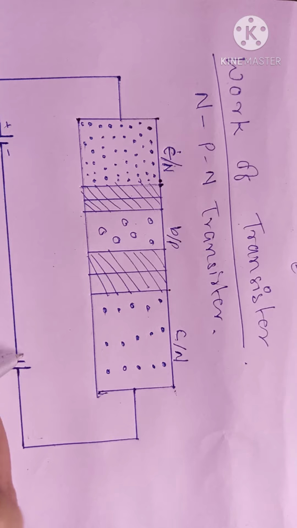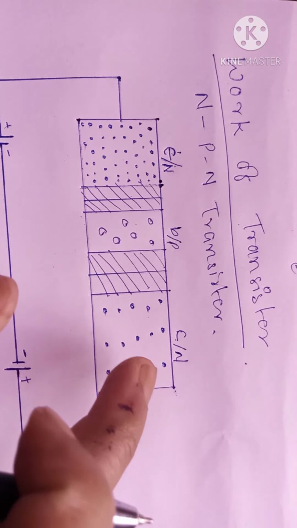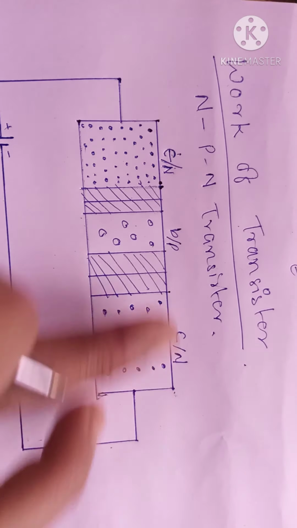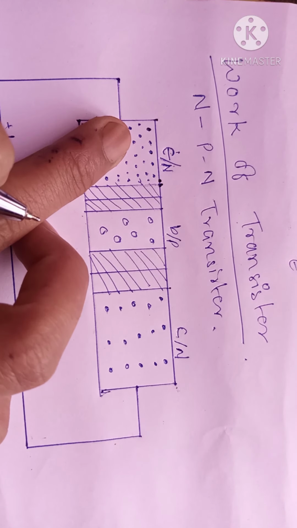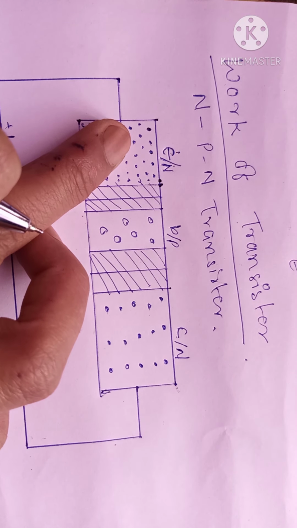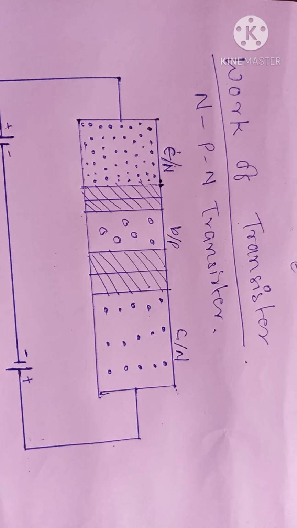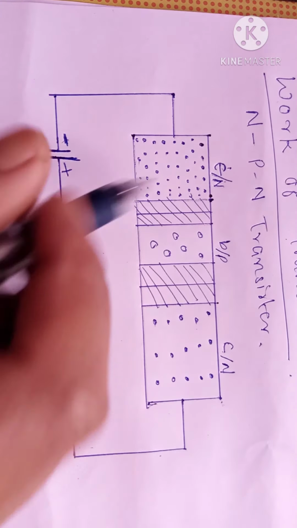In the emitter junction it should be in forward bias, so it should be connected with negative.